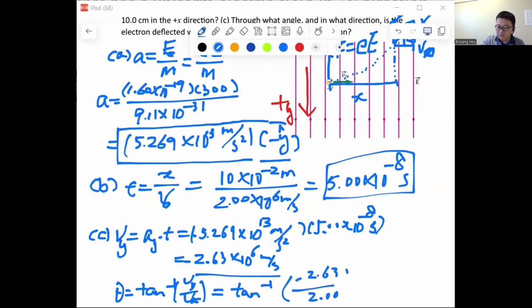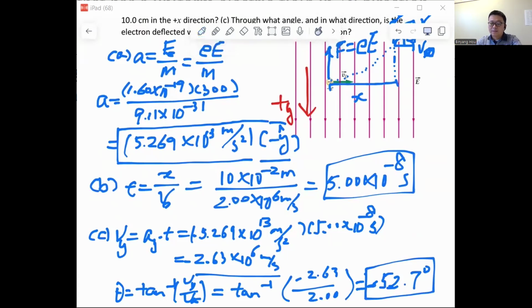You don't necessarily have to write them down, they will cancel, but it's okay if you do. So this will give negative 52.7 degrees. That's the angle at which it is coming out.